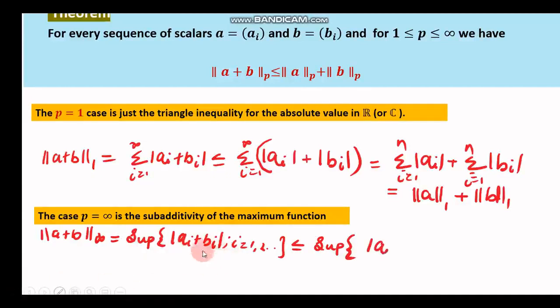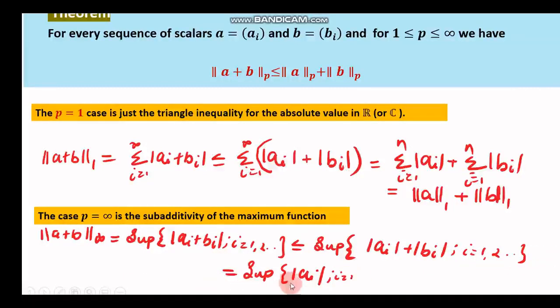We can apply the triangle inequality, so we have less than or equal to the supremum of mod a_i plus mod b_i, which is less than or equal to the supremum of mod a_i plus the supremum of mod b_i. So it holds trivially for the sup norm also.